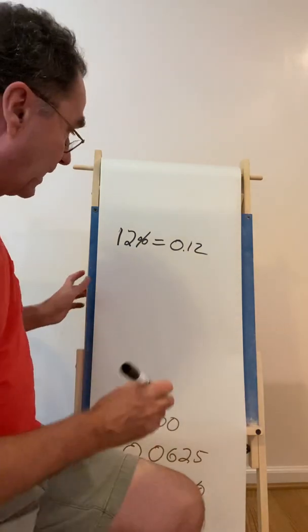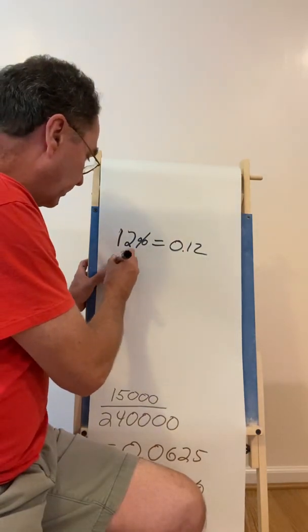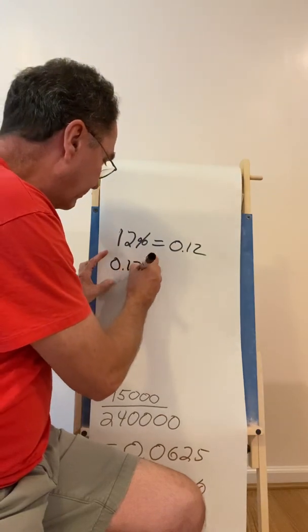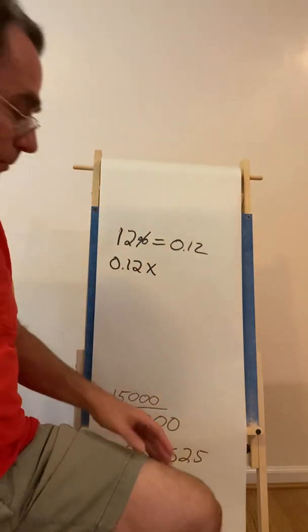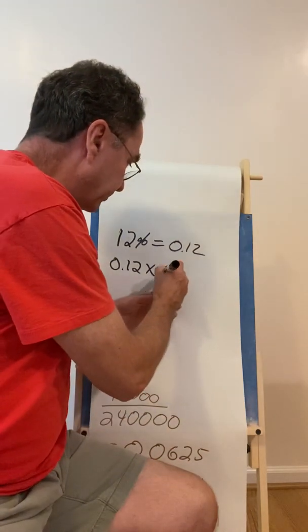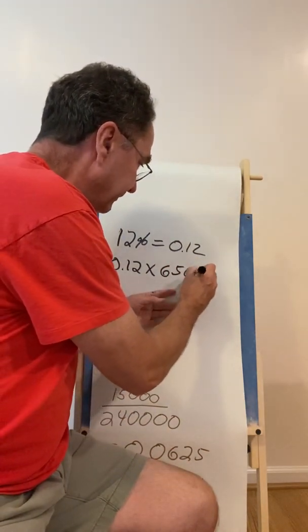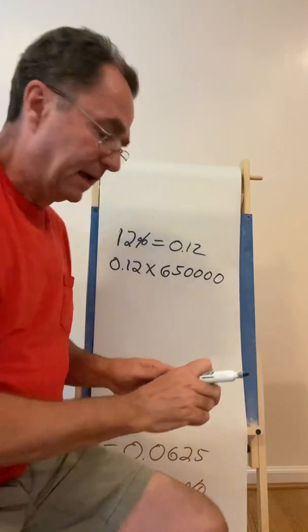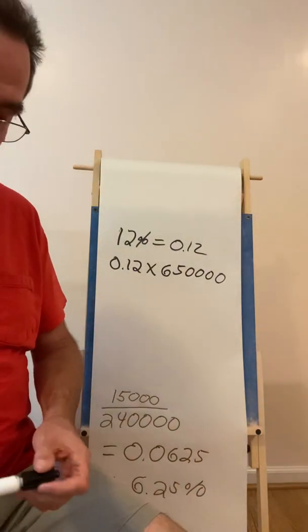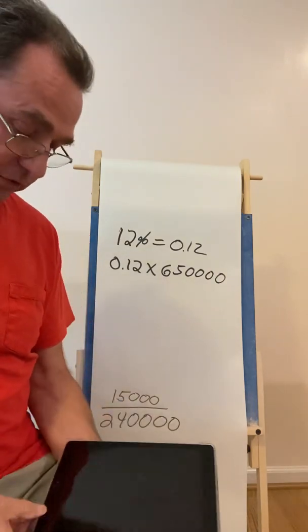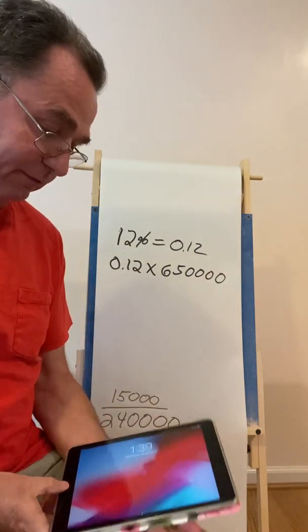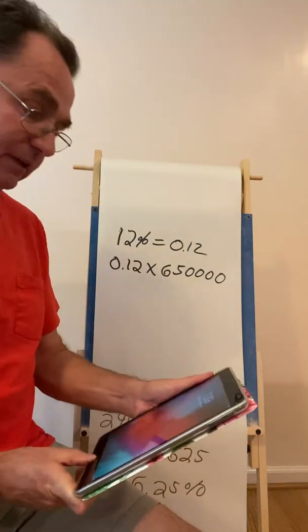And to find out how much he has, we take that decimal and we multiply it by the number of shares of stock, which was 650,000. Now I'm using my iPad to do this, but you of course can use your phone. The only reason I'm not using my phone is because I'm using my phone to film this video.